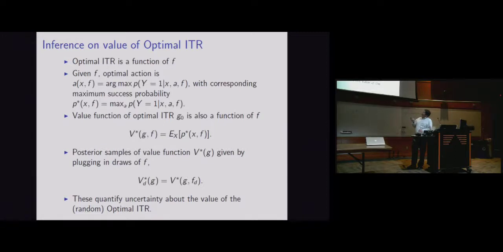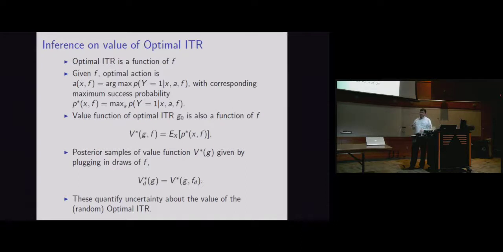So we actually can get the value function of an optimal ITR G0, again, is also a function of F. That value function is an expected value with respect to the covariate distribution, again, of this P star, this maximum success probability for a given F. And so we can get posterior samples of the value function by plugging in, again, these draws FD from the function F. Okay, so there's a lot of things that you can do with the posterior samples from that function F that you get out of BART. And so this really is all just post-processing of those samples.